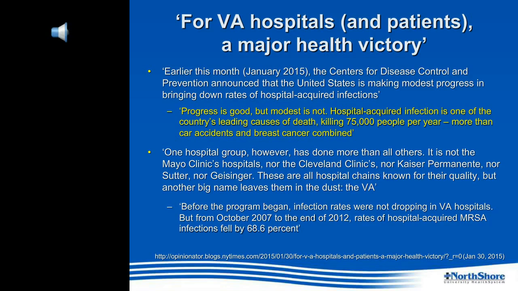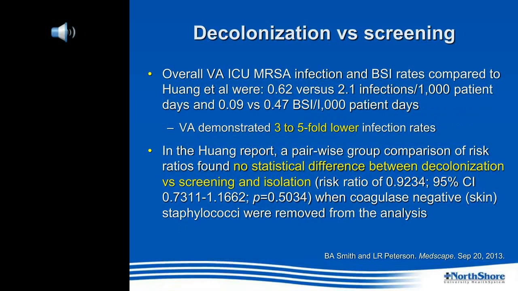And I think this is a very good model for us as a national healthcare system, that you can have a major impact on MRSA with a well-planned and monitored program.